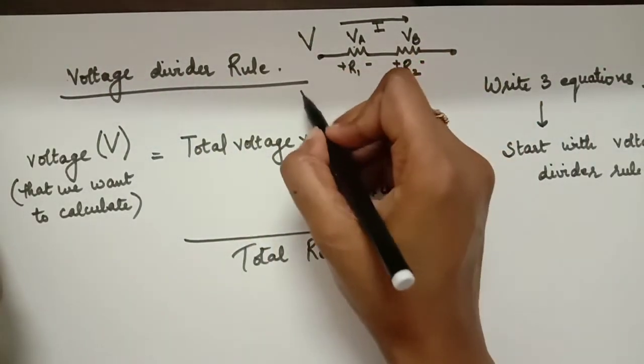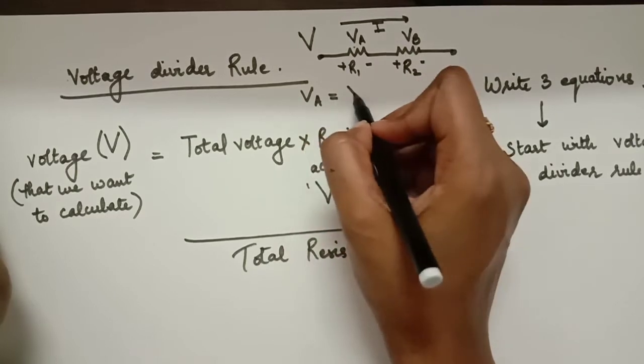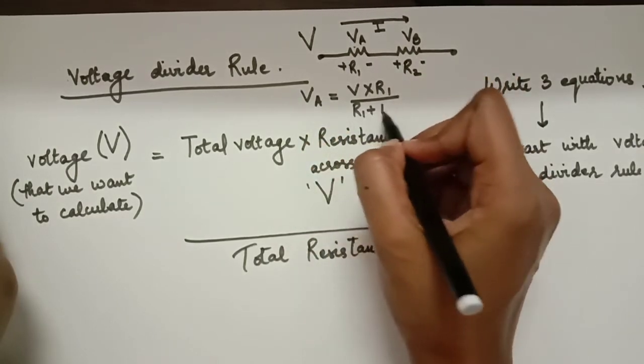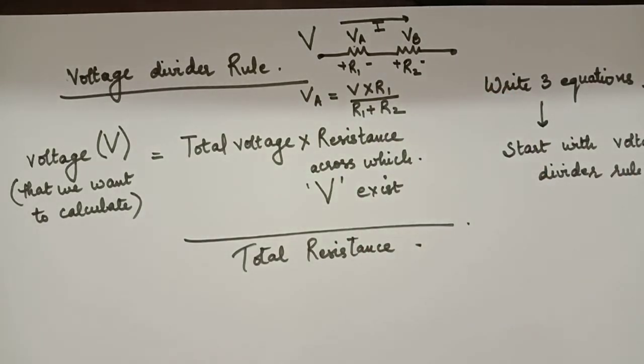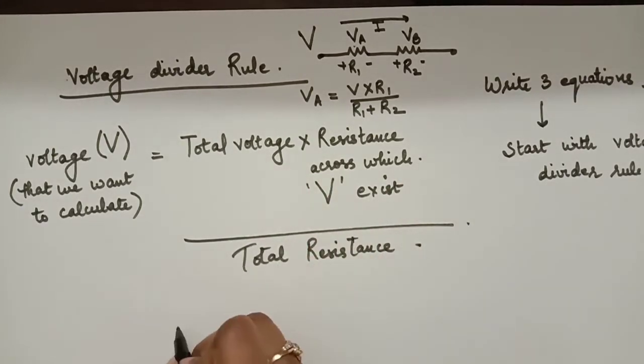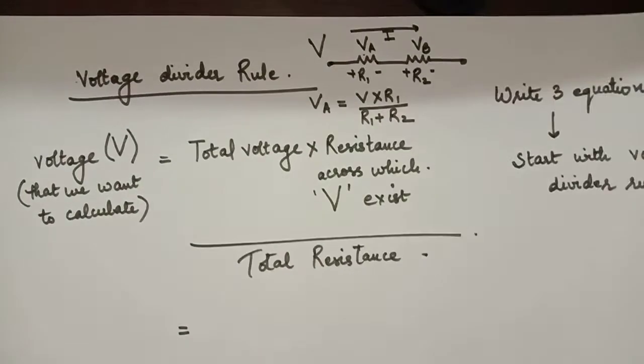So if I want to calculate VA by the voltage divider rule, it will be V into R1 upon R1 plus R2. This is what the voltage divider rule says. So in a Zener diode network, you will always proceed with the voltage divider rule, and by virtue of this formula, we will apply it in the Zener diode.